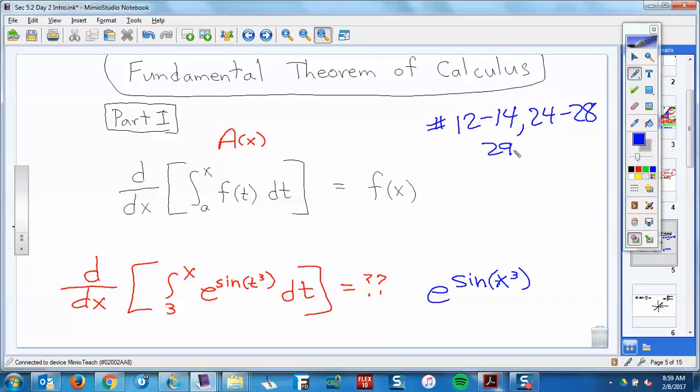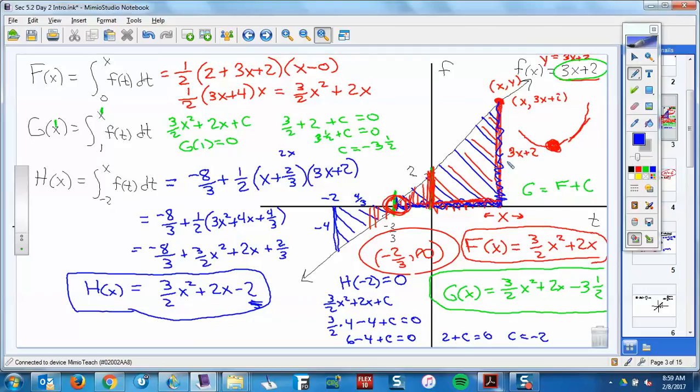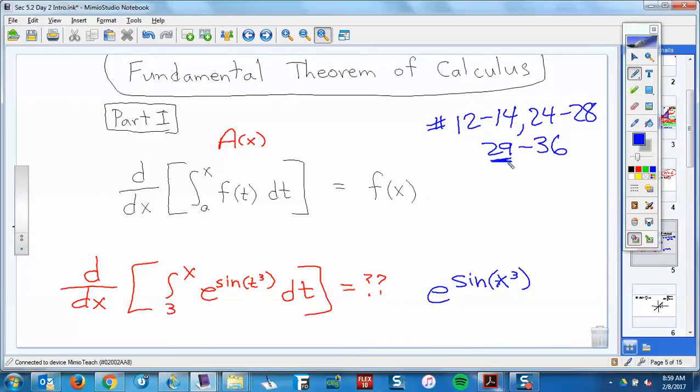And then you're going to do 29 through 36, which is essentially 29 is just like 21, the one we did together, except it's another little f. It's a different little f. So you're going to draw that picture, and you're going to have all this work for number 29. And then the other questions are the same as 21 through 28. Okay?